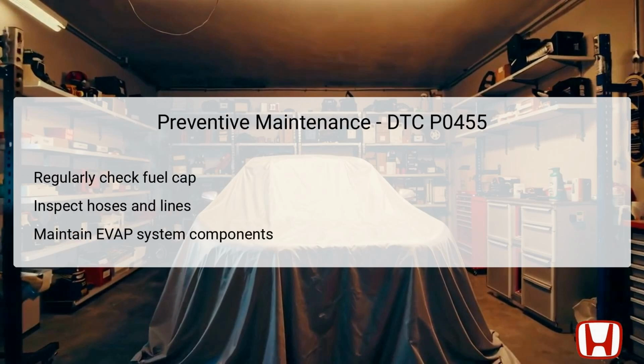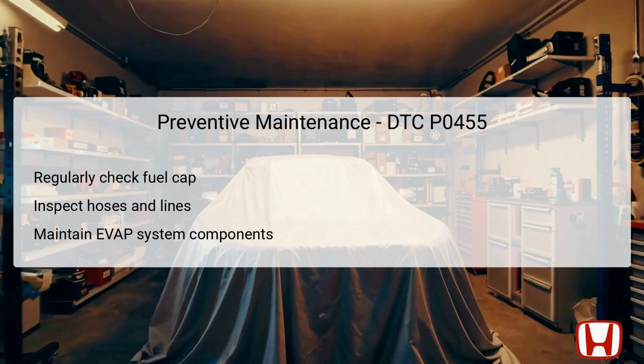Preventive maintenance is essential after resolving issues related to DTC P0455. Regularly checking the fuel fill cap can prevent vapor leaks before they occur. Ensure it is tightened properly after each refueling. Similarly, routinely inspecting hoses and lines for signs of wear, cracks, or looseness can avoid future leaks and maintain system integrity.